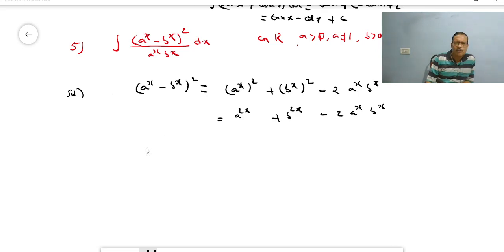So now a power x minus b power x whole square by a power x into b power x.